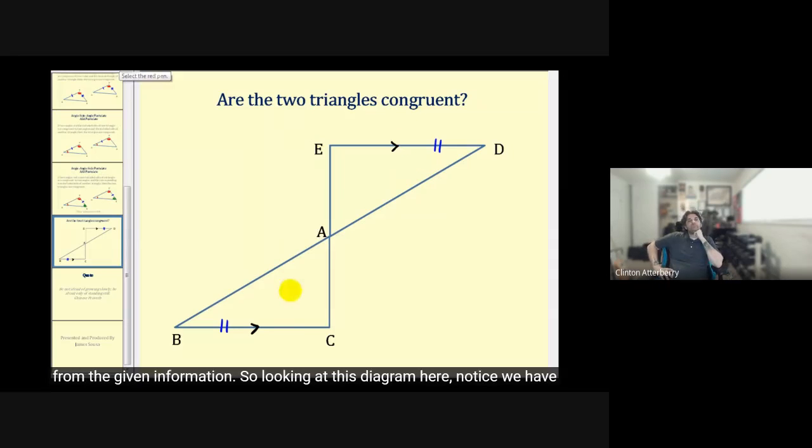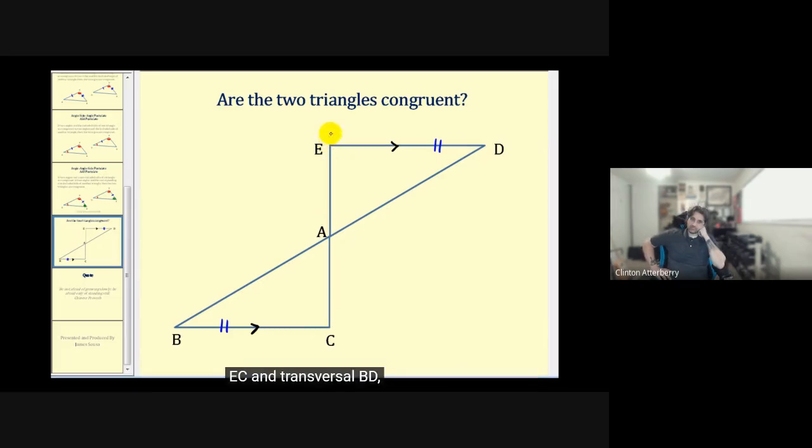Looking at this diagram here, notice we have two parallel segments that are also congruent. If these two segments are parallel and they're cut by transversal EC and transversal BD, we know that alternate interior angles would be congruent. So angle E would be congruent to angle C, and angle D would be congruent to angle B, again by alternate interior angles.